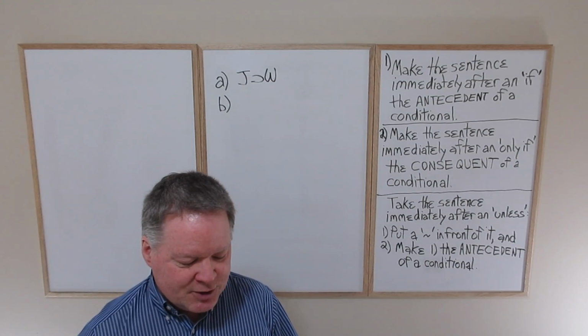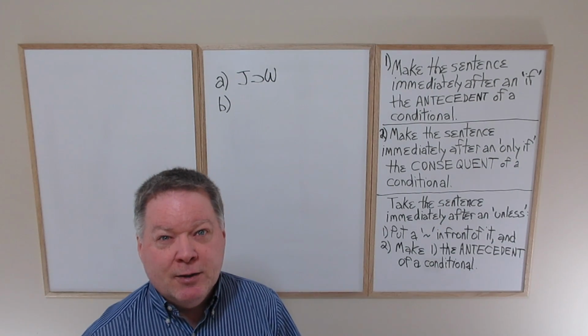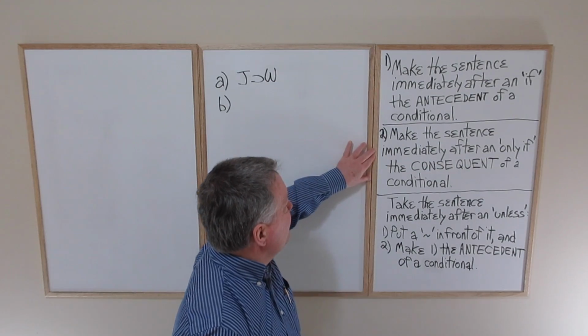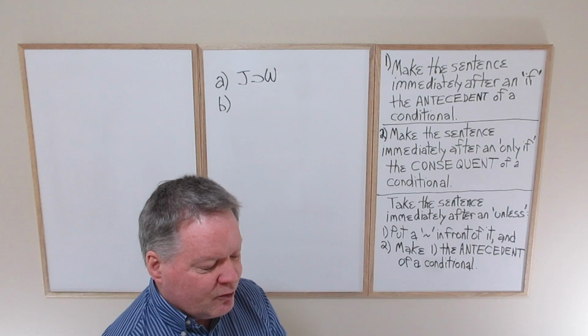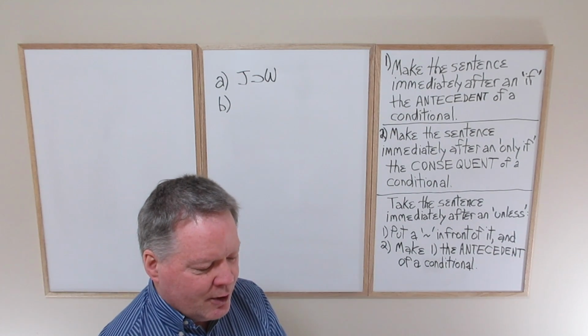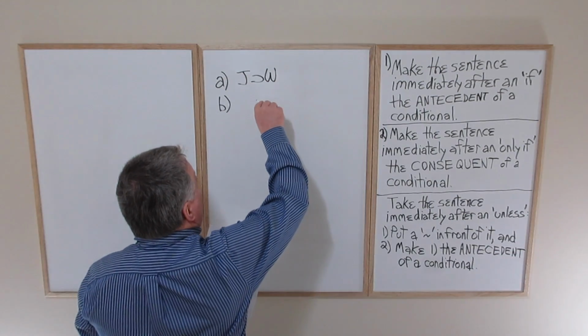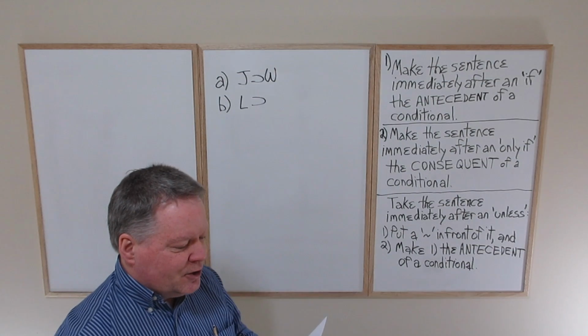The second question, Mary will make supper if John is working late. Once again, the first thing you ask yourself, is it an if or an only if? It's an if. What occurs immediately after the if? John is working late, so that's L. It becomes the antecedent of a conditional.